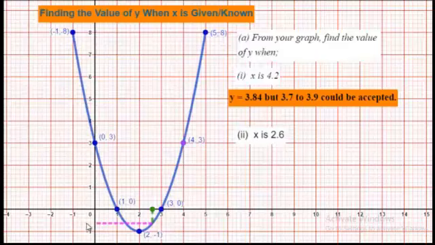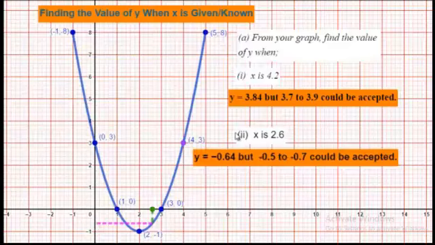And with that too, if you can't read these values, look for my video on how to find a value of a line on the graph. That would help you. Okay, so when you read, the answer would be y equals negative 0.64.